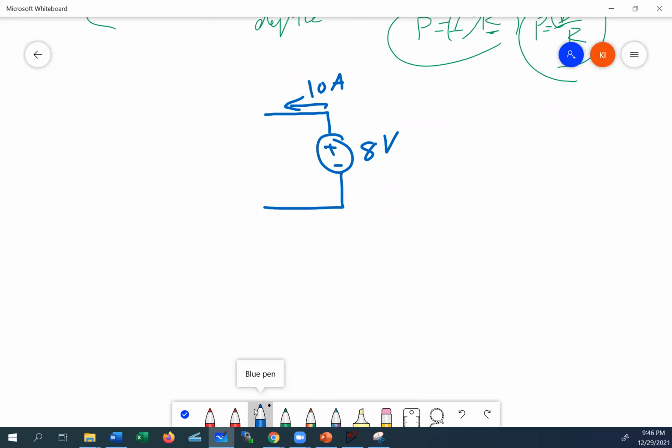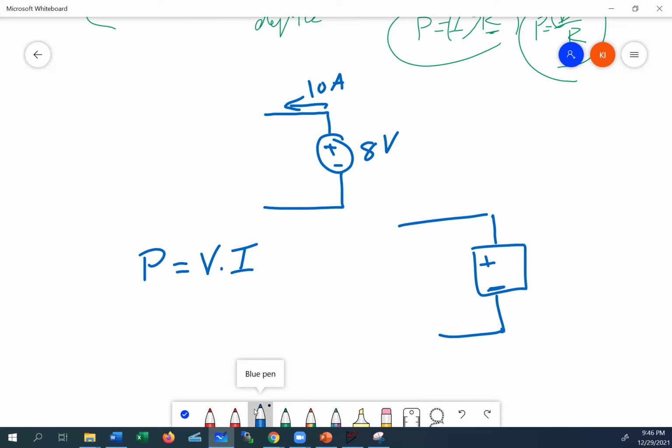So you say, wait a minute, if it's passive convention and I want to find the power, then P is equal to V times I, but in order for me to use that, I have to make this device such that if this is plus and this is minus 8 volts, I want the current to come this way. But when I look up there, the current is going the other way. So you can flip the current as long as you add a minus to it, okay?